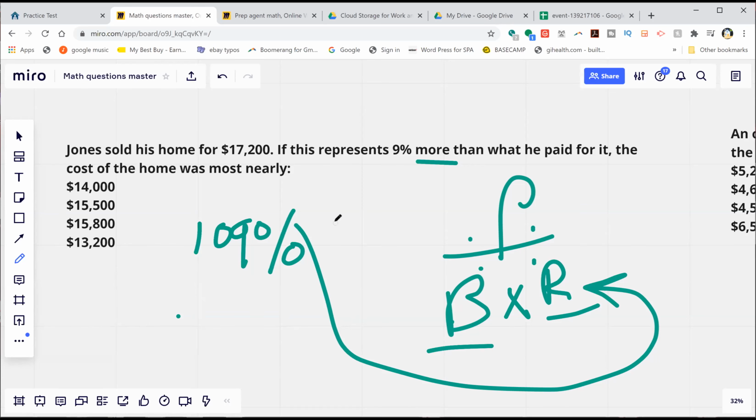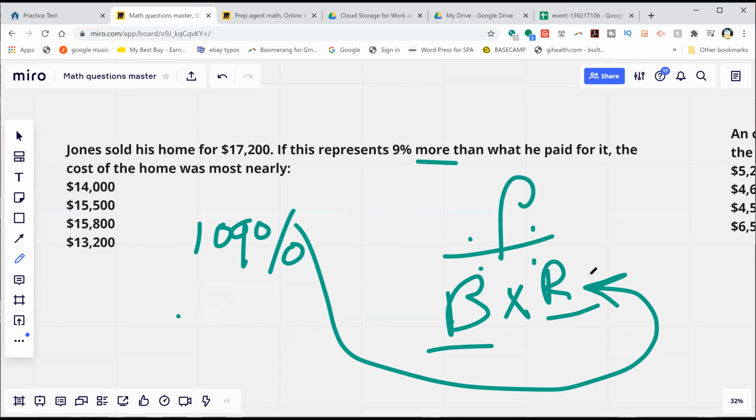I'm going to continue to have the $10 plus an additional 50%. Meaning if we had to represent it numerically, it would be 150%. So in this one, when they say you have 9% more, it's going to be 109%.